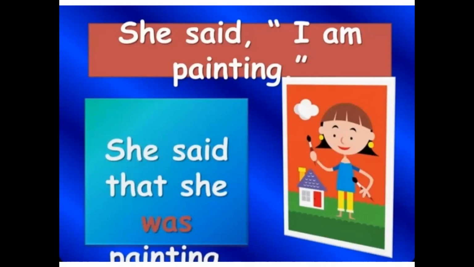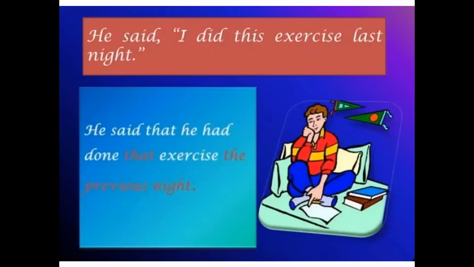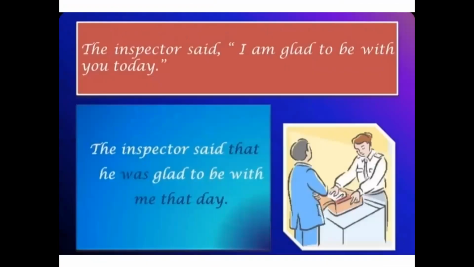It will be converted as she said that she was painting. He said, "I did the exercise last night." It will be conveyed as he said that he had done that exercise the previous night. The inspector said, "I am glad to be with you today." It will be converted into the inspector said that he was glad to be with me that day.